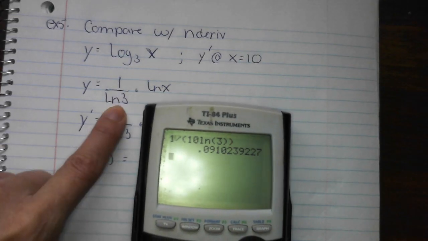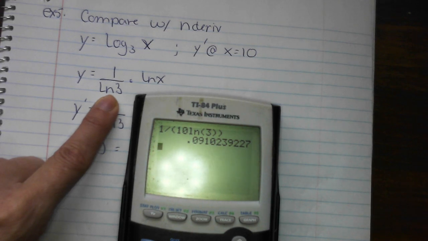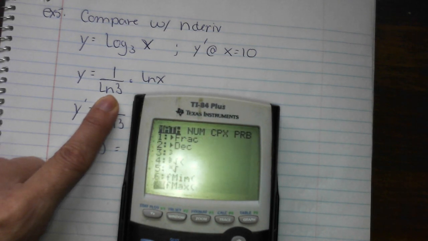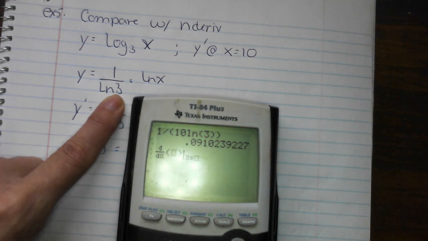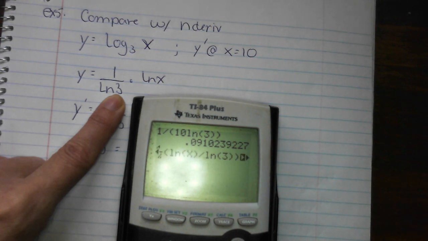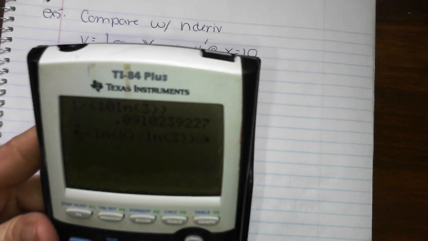All right, now if we go to n deriv, we do the deriv of the original problem, but I'm going to use it at the second line here. So math, n deriv, that's going to be an x. Equation is ln of x divided by ln of 3 at 10.